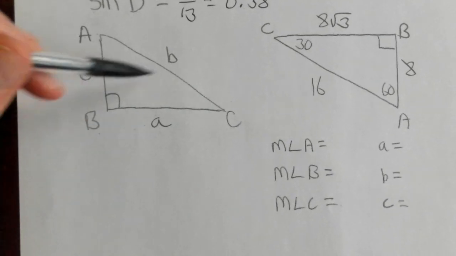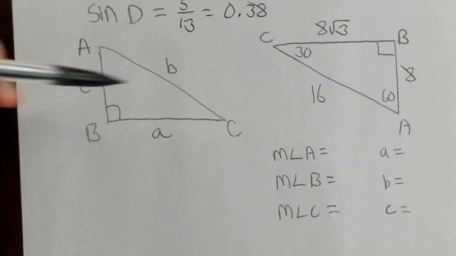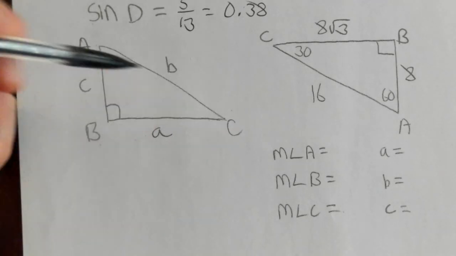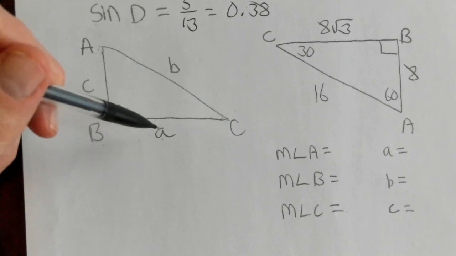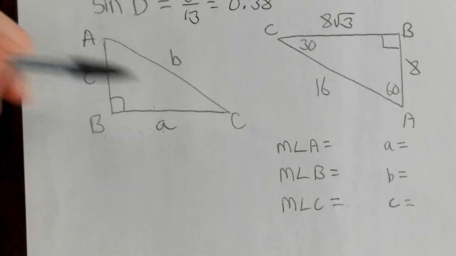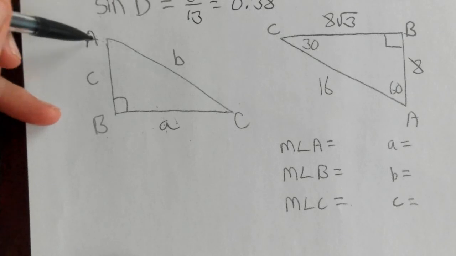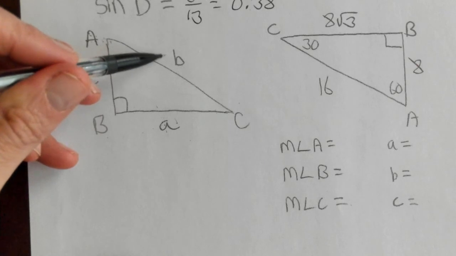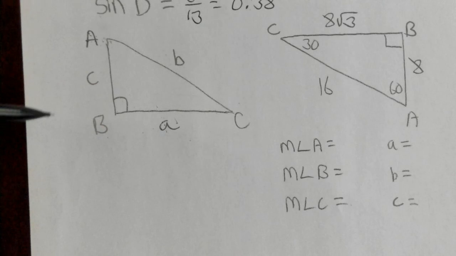And side B is across from angle B. And side C is across from angle C. So the capital letter angle matches the lowercase letter side. So the letters match each other. In other words, I can't have this labeled as A. Why? Because it has to be across from angle A on the opposite side.